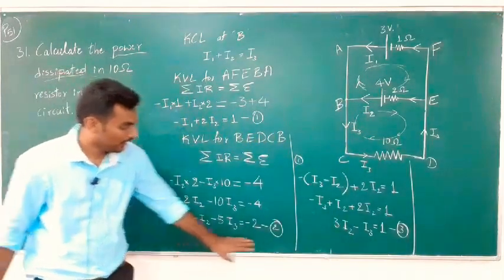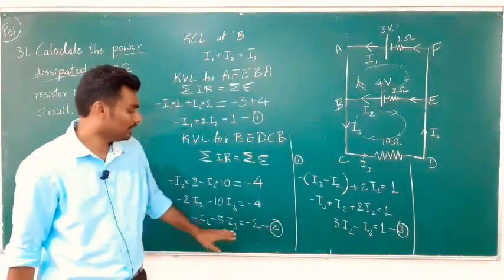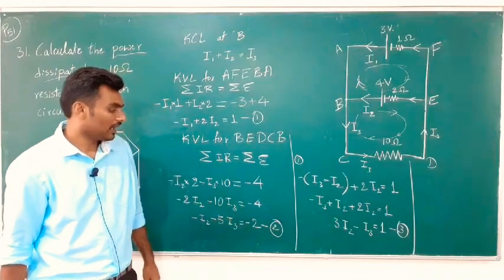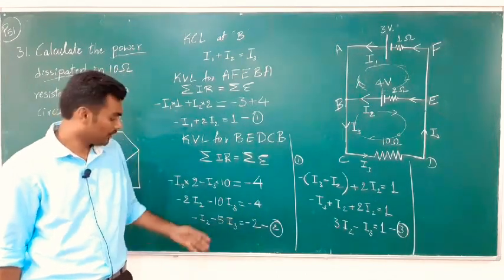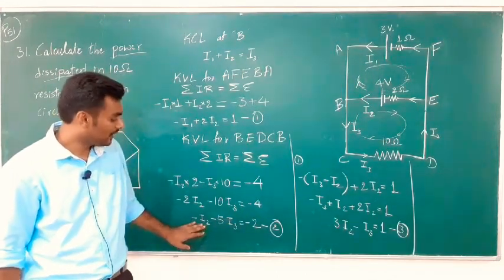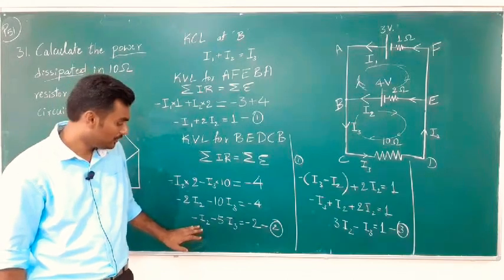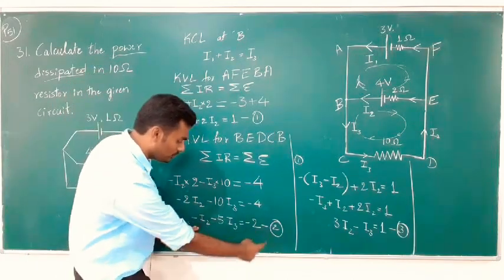Now see, we have two equations where we have I2 and I3 connected, and I need to get I3. So what should I do? I should eliminate I2. In order to eliminate I2, let me multiply equation 2 by 3.